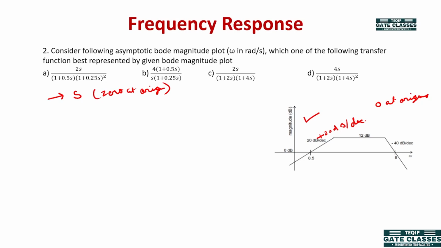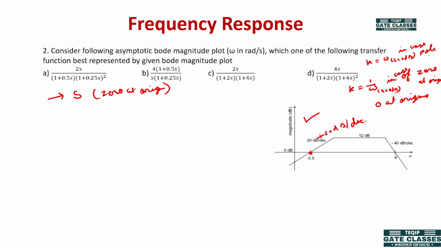Now the gain K, as you know, if we have a pole at origin, the gain K is equal to the value of omega at which this plot is crossing the 0 dB line. Similarly, when we have a zero at origin, K is equal to 1 by omega when your gain is 0 dB.